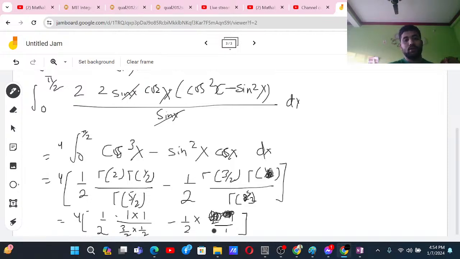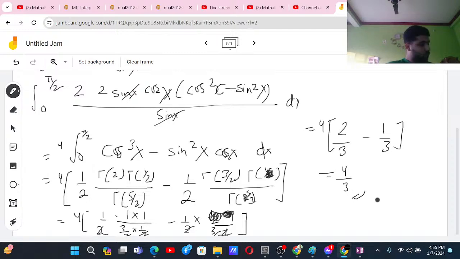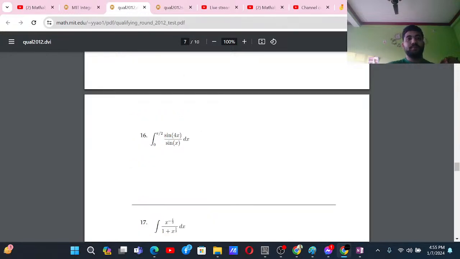That's just 3 by 2 over here. Okay, fine. Now we'll have 4, and 2 and 2 cancel out, so that's just 2 by 3, minus, and here 2 and 2 cancel out, so that's just 1 by 3. So that's 4 by 3 basically, and that's the answer. Let's go to the next problem.